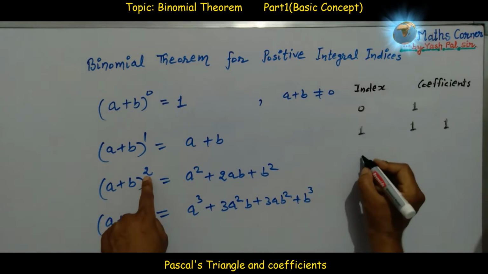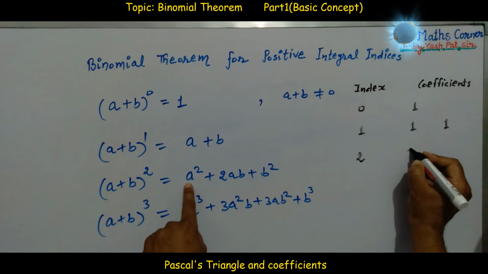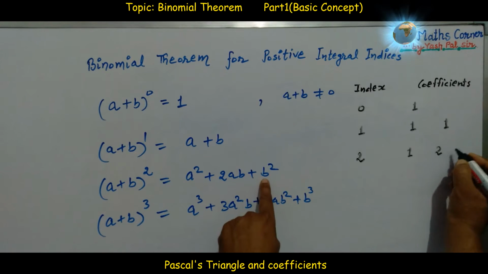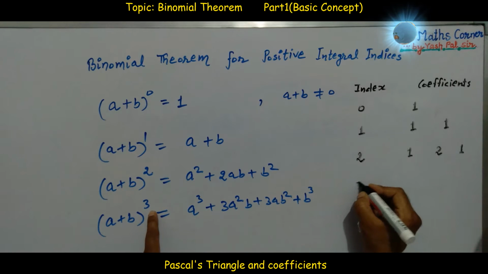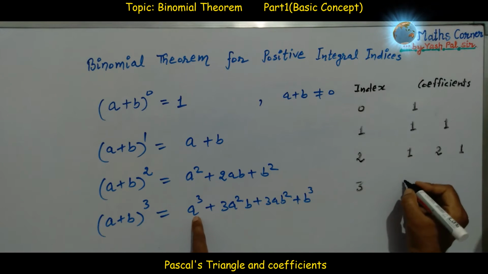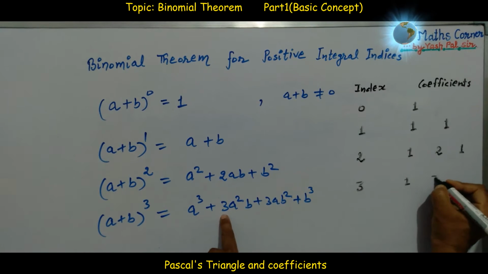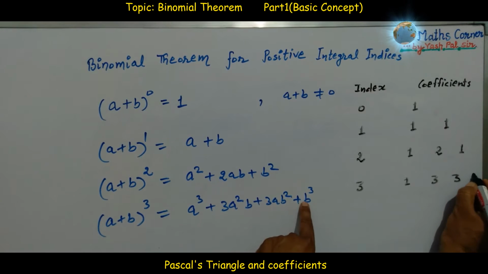If the index is 2, then the coefficient of a square is 1, of ab is 2 and of b square is 1. When the index is 3, then the coefficient of a power 3 is 1, the next coefficient is 3, the next is again 3 and the next is 1.